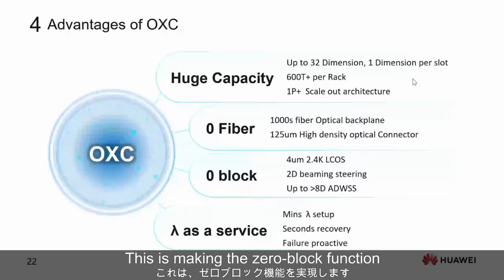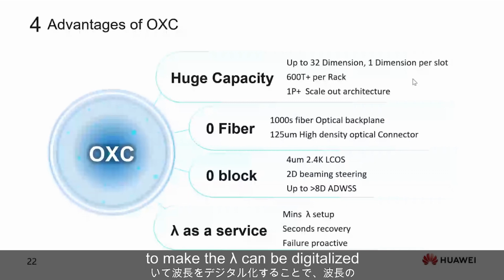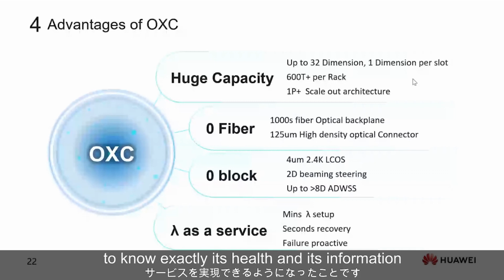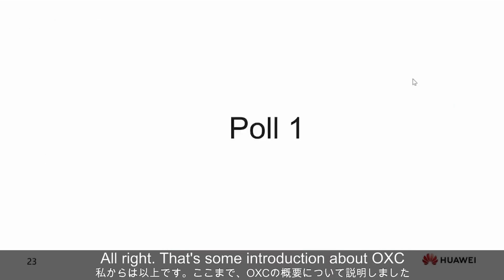This gives it no insertion loss and zero blocking function, and also uses digital OM technology to digitalize the NAMTA and make NAMTA a service, to know exactly its health and information. All right.